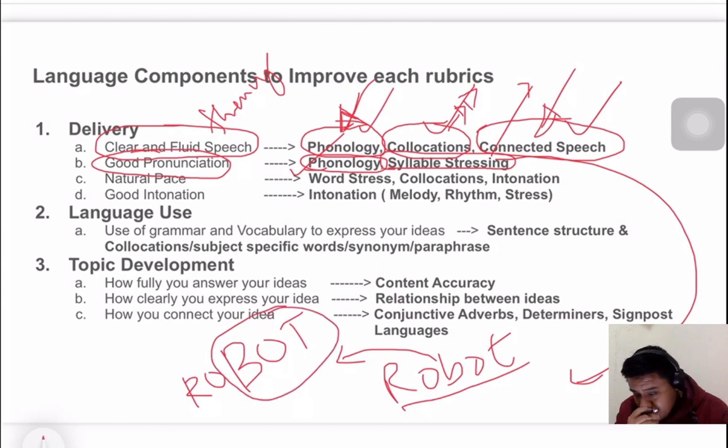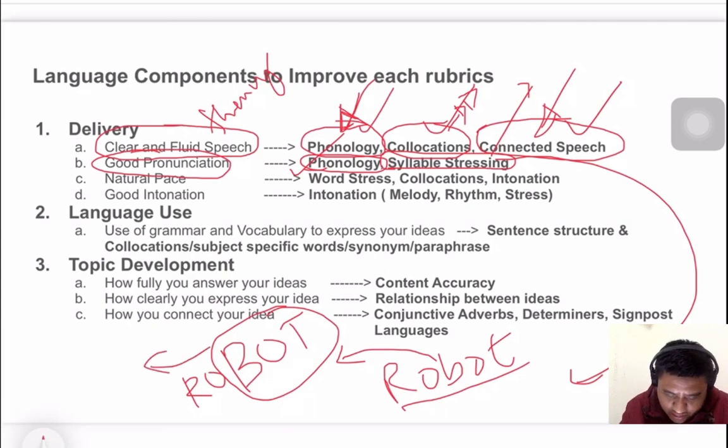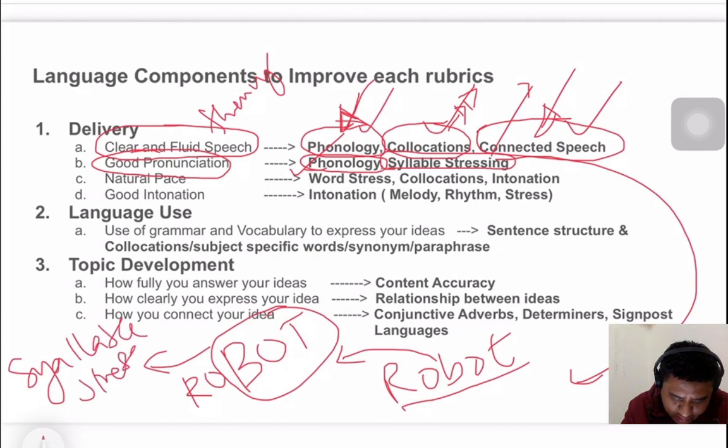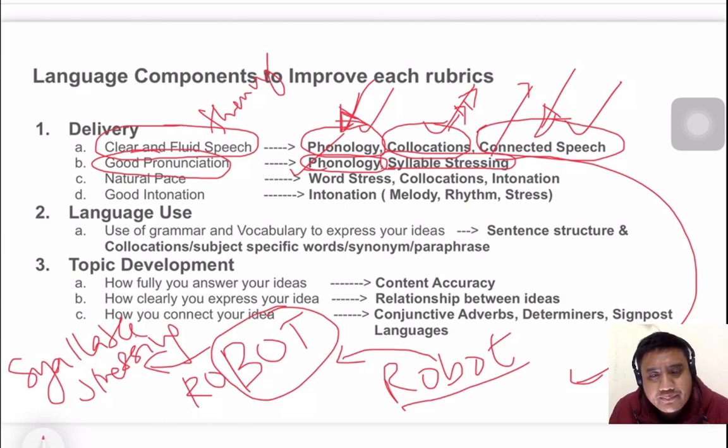Because there are some rules which determine the syllable stressing. Now, what are syllables? Syllables are chunks, a small part of your word. Words can be divided into smaller syllables.